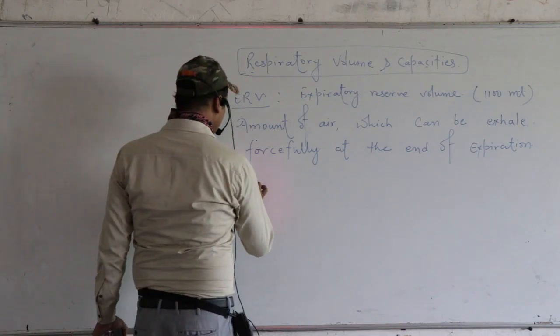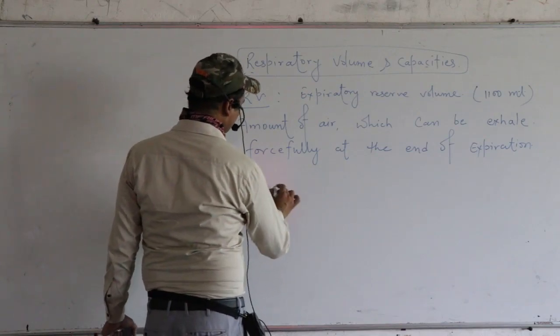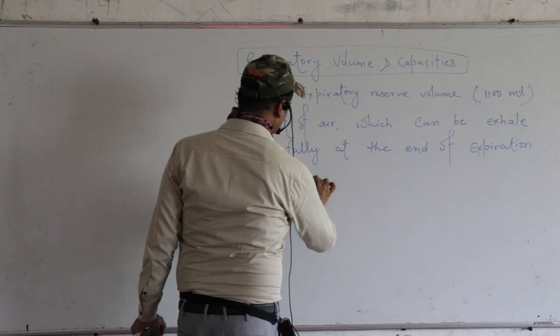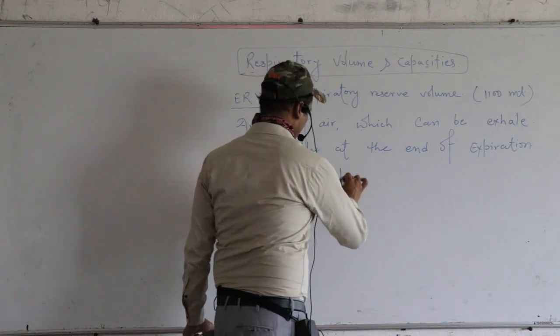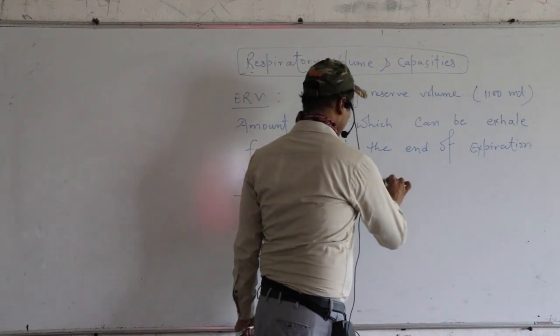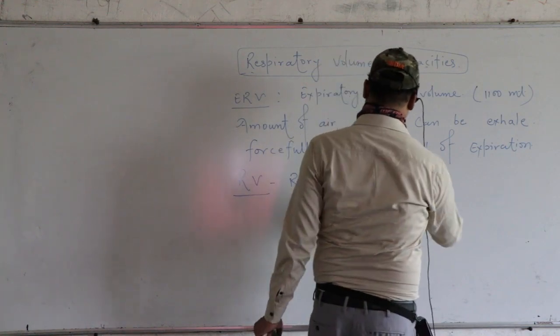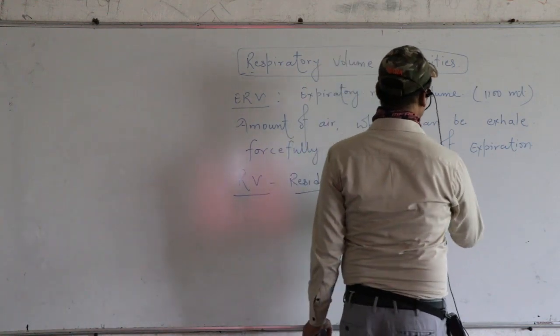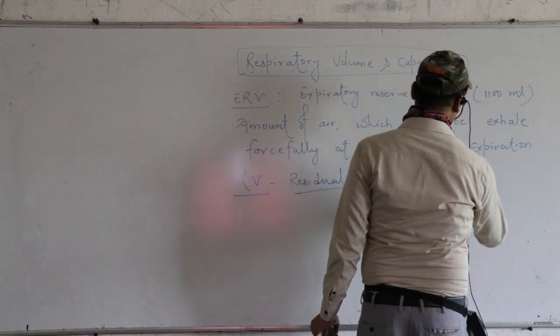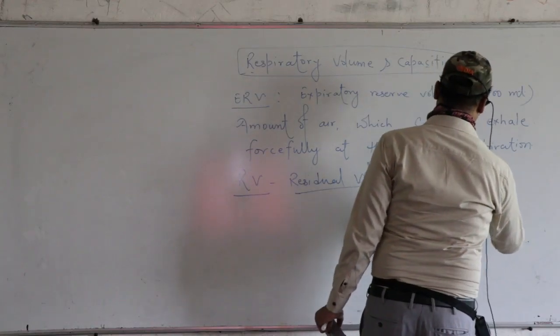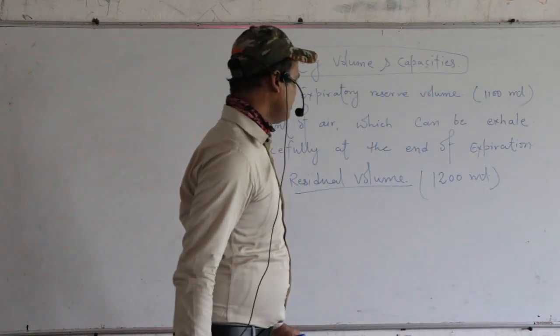Next one is RV, the residual volume, approximately 1200 ml.